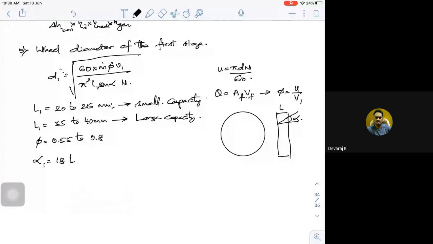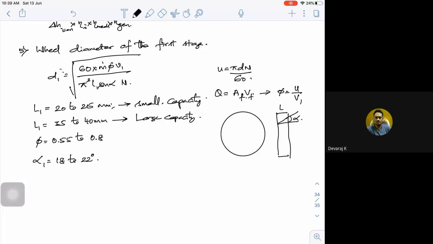So I can go with around 18 to 22 degrees; your alpha can be between 18 and 22 degrees. Your speed ratio will be on the higher end compared to your impulse machine, around 0.55 to 0.8, and your L1 depends upon what type of machine.